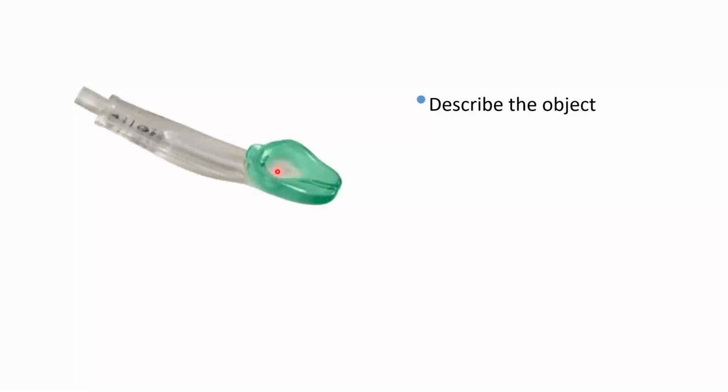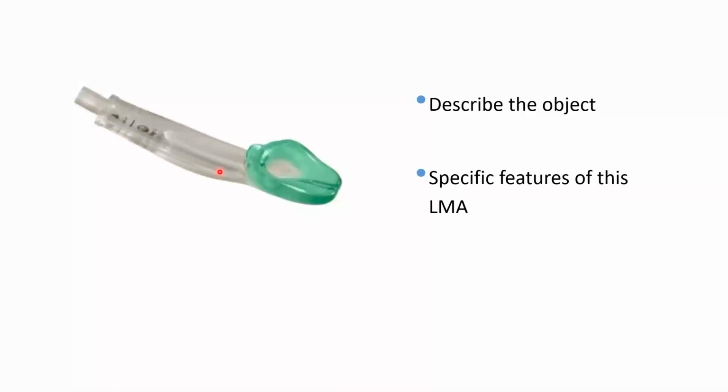It takes the shape above the epiglottis. It's made up of thermoelastic material so that it can accommodate to the size and shape of the pharynx. It has an inbuilt bite block and a special port for suction.